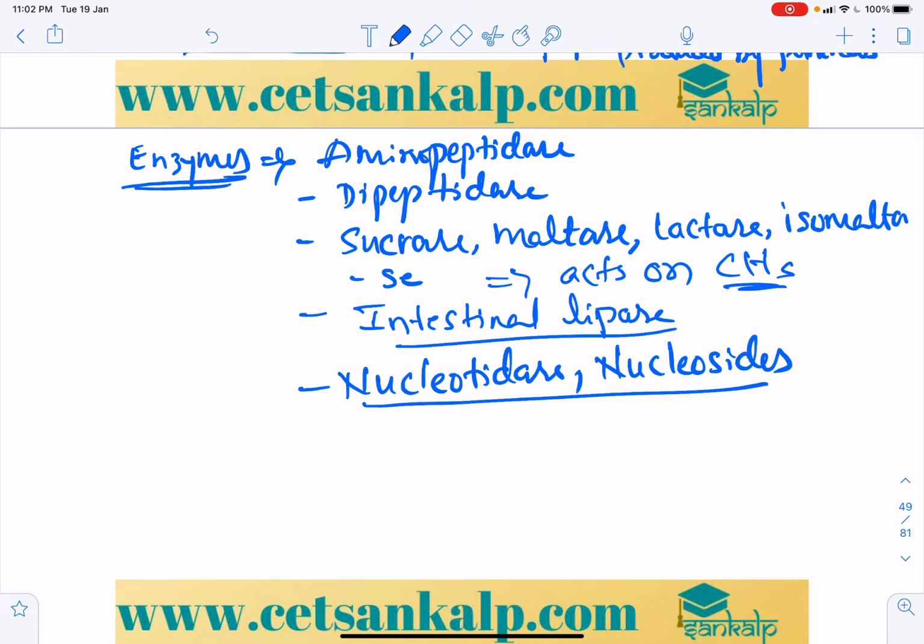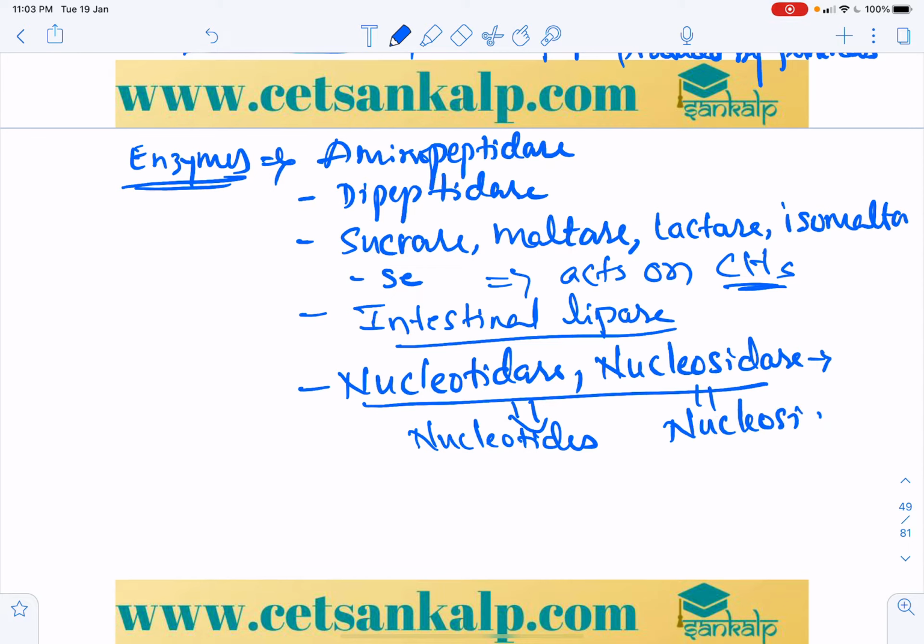Generally we say derivatives of nucleic acids. Nucleotidase acts on nucleotides, and nucleosidase acts on nucleosides.